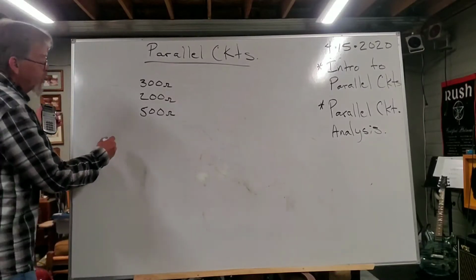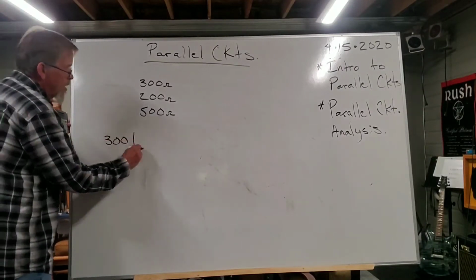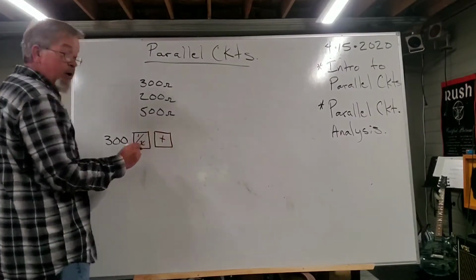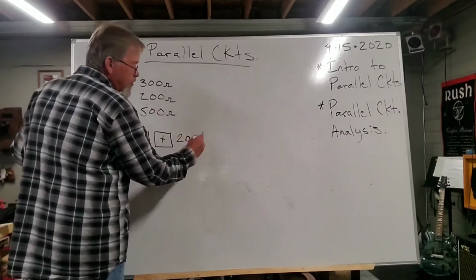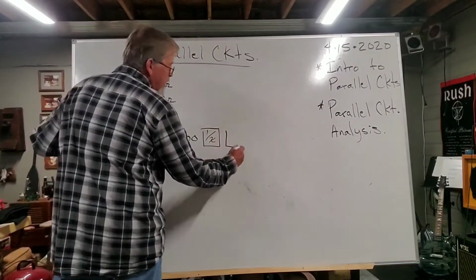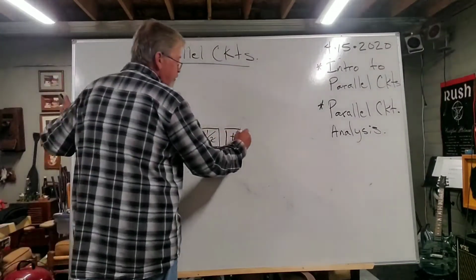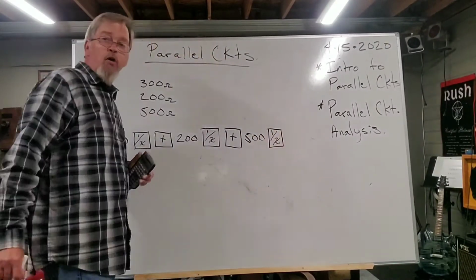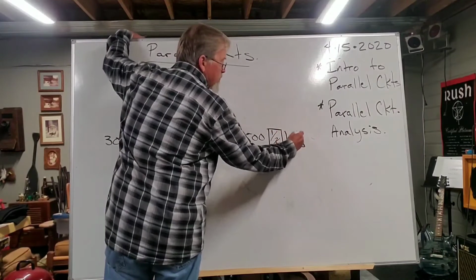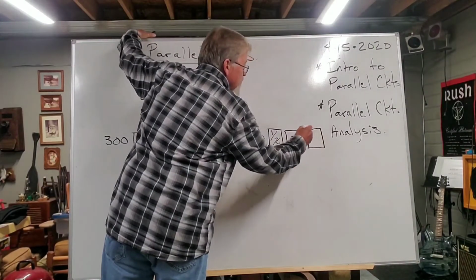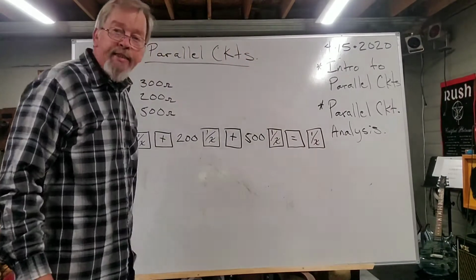So what you'd do, you'd enter in the 300 ohms, hit the 1 over X key, plus the 200 ohms, hit the 1 over X key, plus the 500 ohms, hit the 1 over X key, equal it all up, and then at the very final step, you hit that 1 over X key one last time.